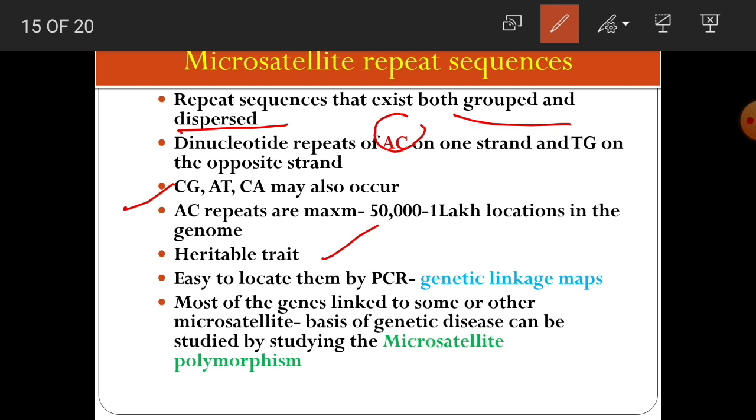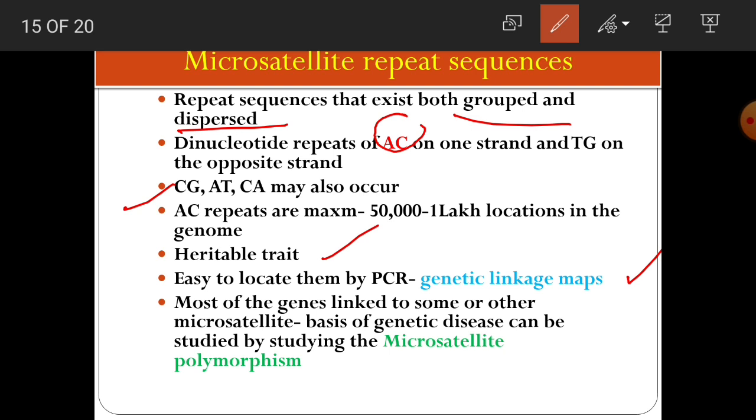Since they are very high in number, it is easy to locate them by PCR. They are used for genetic linkage maps.